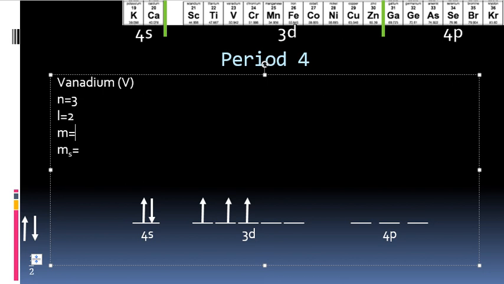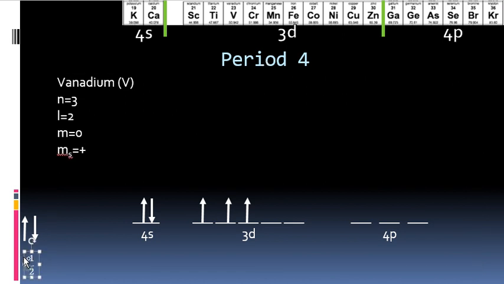Now, M can range from positive to negative L, which means these subshells are going to range from -2 to +2. And just going from left to right, it's going to be -2, -1, 0. So that final electron is going to have a magnetic quantum number of 0. And since it is still spin upwards, it is going to have a positive 1/2 for its electron spin. That would be the 4 quantum numbers for vanadium.